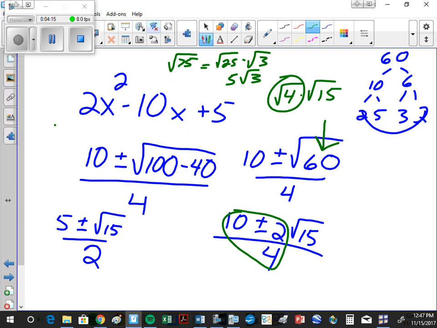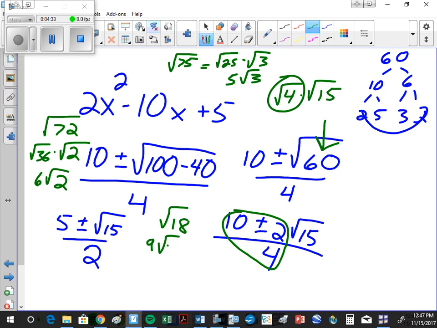If I had 72, that's the square root of 36 times the square root of 2, which is 6 root 2. If I had the square root of 18, what would that be? 3 root 2, sorry.